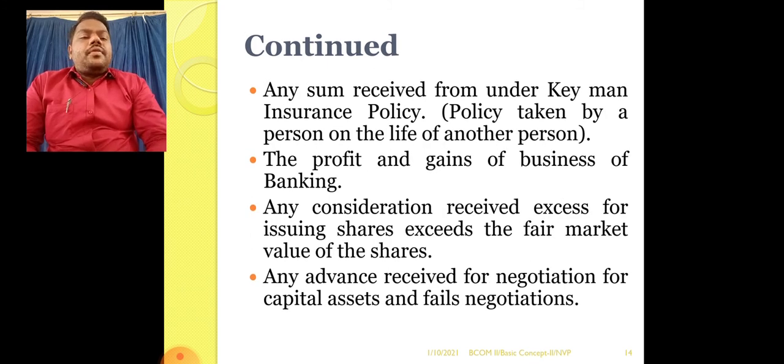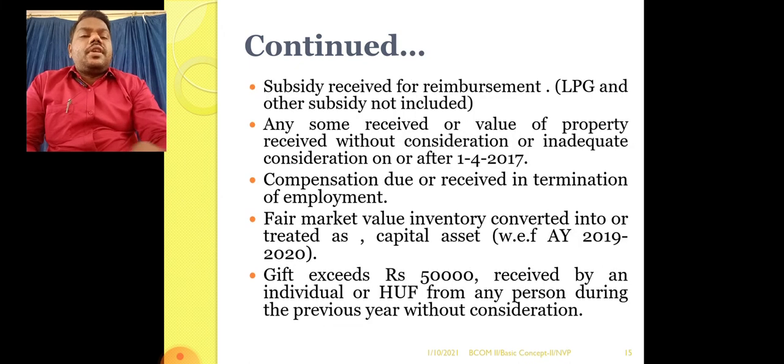Any sum received under Keyman insurance policy taken by a person on the life of another person, the profit and gains of business of banking, any consideration received for issuing shares that exceeds the fair market value of the shares, any advance received for negotiation for capital assets and fails negotiation. Again, subsidy received from reimbursement, LPG and other subsidy not included.